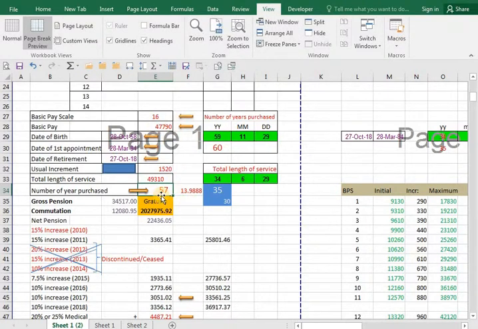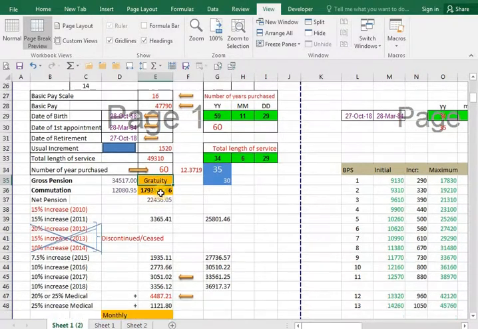And here one thing more is remaining here. He is retiring in the age of 60 years, so only enter 60 here, and the rest will be calculated automatically.